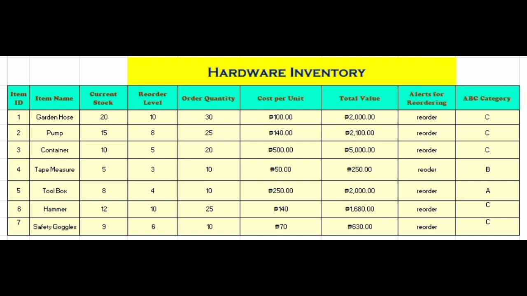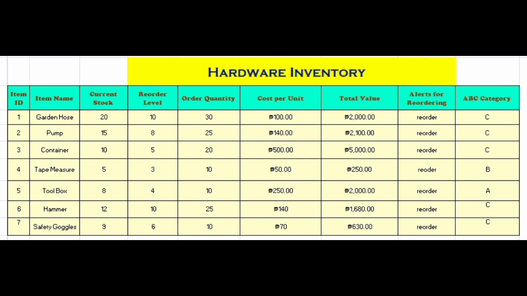The name or description of the item provides clarity and ease of identification, and this includes the garden hose, pump, container, tape measure, toolbox, hammer, and safety goggles. The next column is the current stock. It represents the quantity of each item available in inventory.